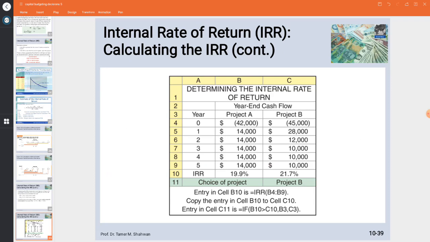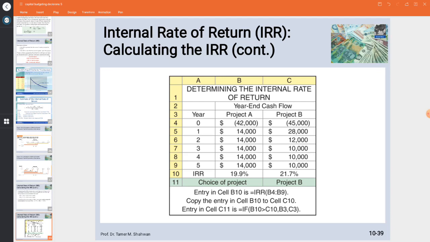In cell B10, to determine its value, you write equals IRR, and then you select all the cash flows that you are receiving, whether they are inflows or outflows. You take all cash flows from B4 to B9 and then apply this function.